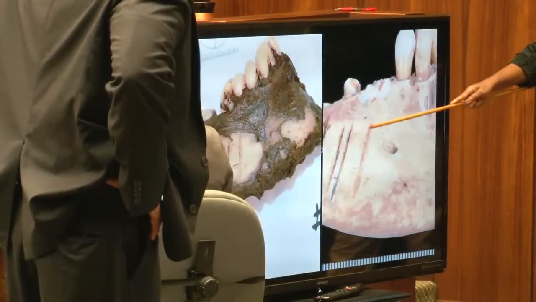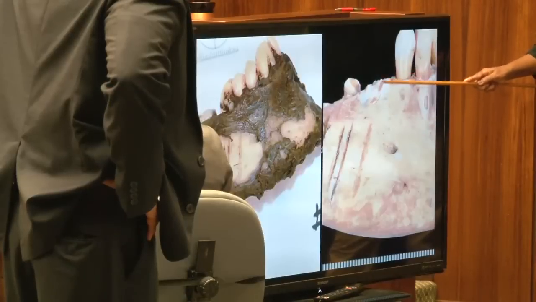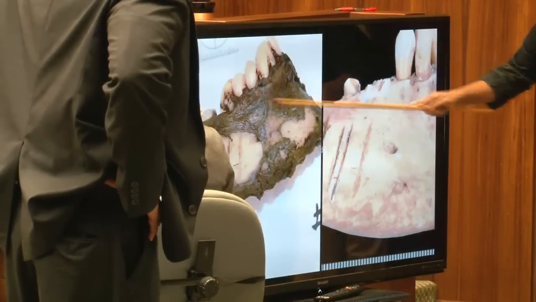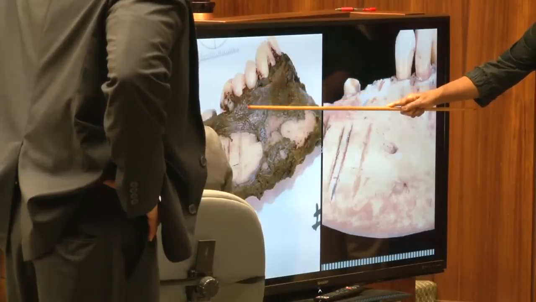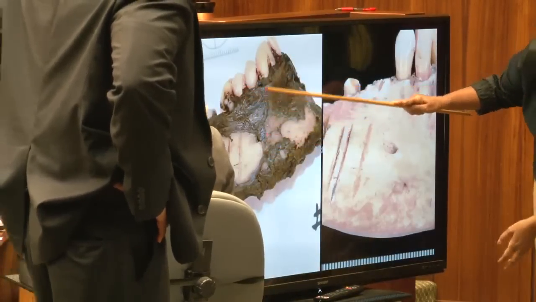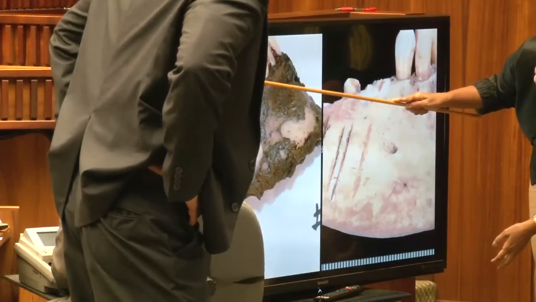And this mark, this linear mark that is consistent with a cut, in my opinion, extends adjacent to, a little bit away from that tooth.